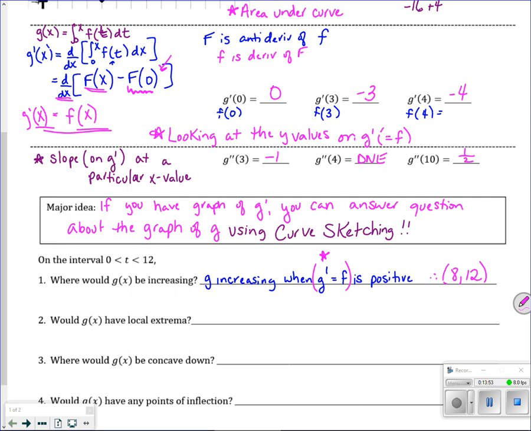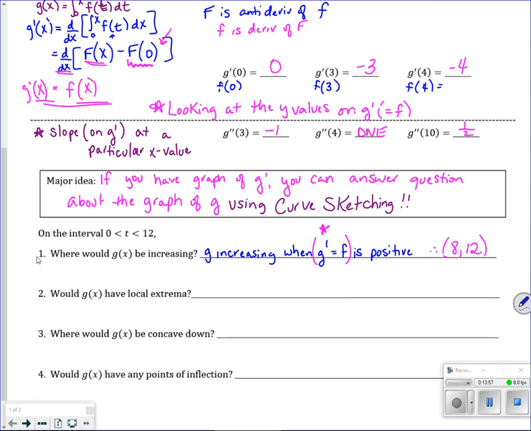Got to actually write that. So I want you to stop the video and I want you to see if you can remember these justifications and get these values. So would G of X have a local extrema? Yep, it sure would. What would you be looking for? You'd be looking to see when the graph of G is changing signs.